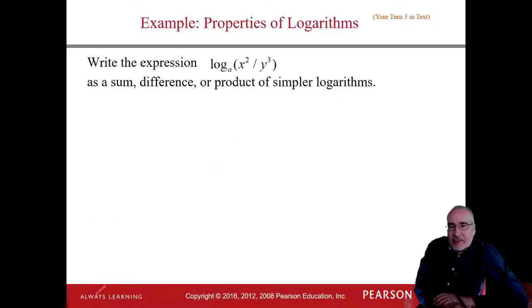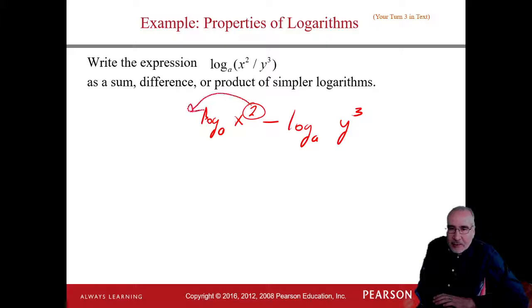Okay, let's look at a few. So how do we write this one? We'll go ahead and do this one. Log base a, so it's division, we'll make it into subtraction. Log base a of x squared minus log base a of y to the third, and then we'll take these exponents and move them down in front.